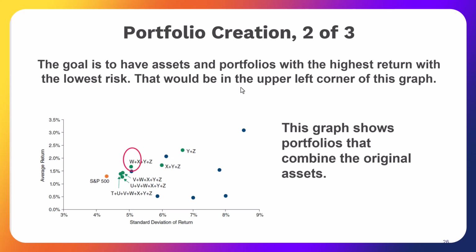What happens when we create these portfolios? Again, remember that these blue dots represent those individual stocks. Now the gold or the green dots here represent portfolios. And just to show you what we might look at, if you have this portfolio that has W, X, Y, and Z in it, that portfolio dominates W. That portfolio is better because it has the same amount of risk, but it has higher returns.